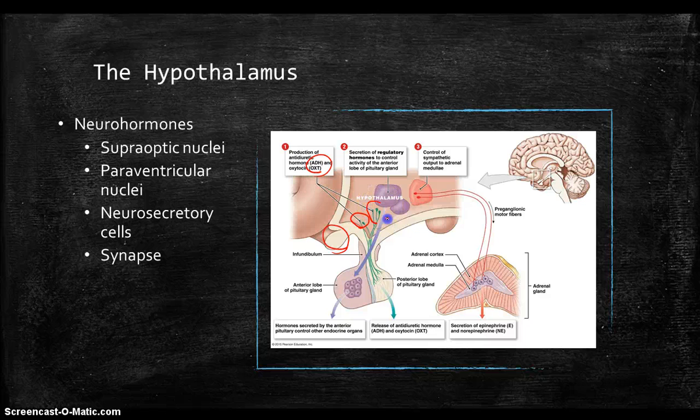Also, the paraventricular nuclei, which are located on either side of the ventricle. The cells that are producing these hormones are called neurosecretory cells. They are very similar to a neuron. They have a cell body up here, an axon, as well as a synapse down here with the portal system capillaries.